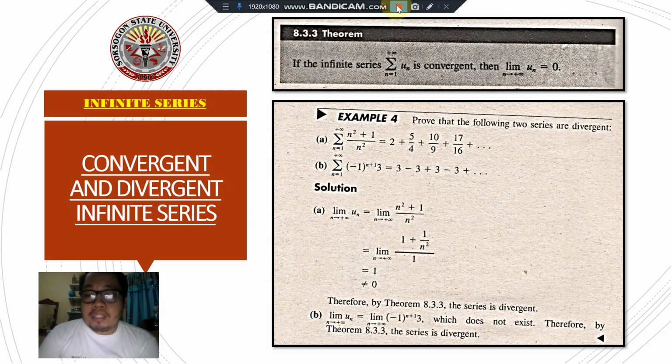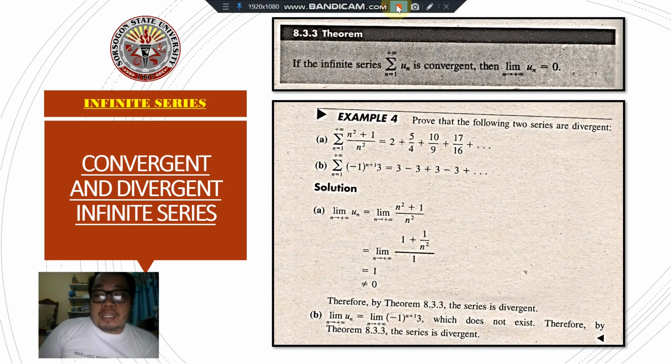Then for letter B, you have the limit of u sub n, which is equal to the limit of negative 1 raised to n plus 1 times 3, where n approaches positive infinity. So its limit does not exist, since the value of negative 1 raised to n plus 1 alternates and is indeterminate.